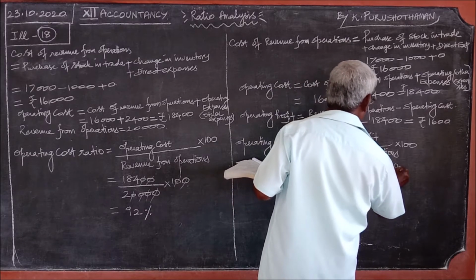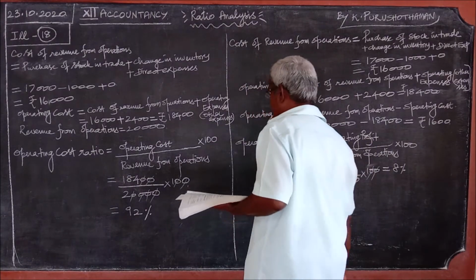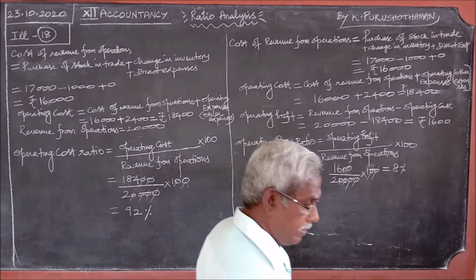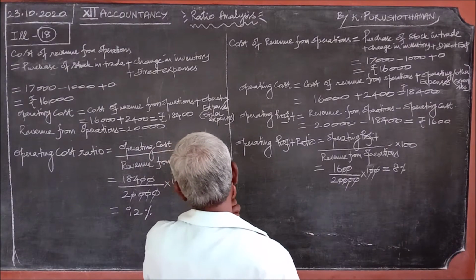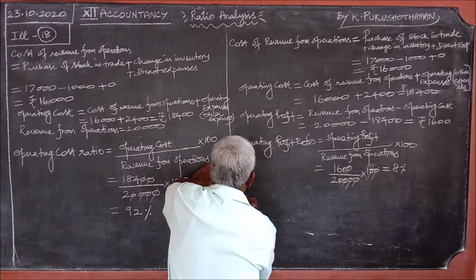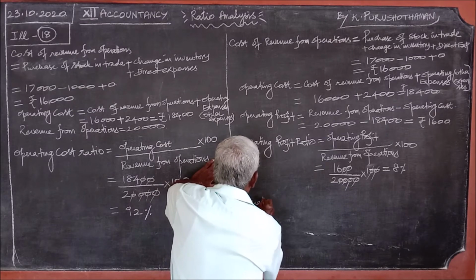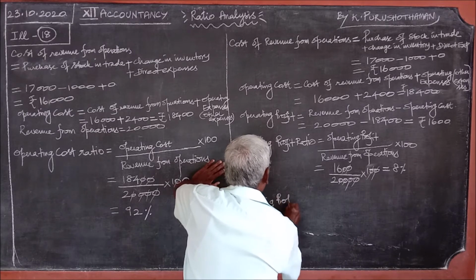16 by 2, 8%. There is a shortcut method to find the operating profit ratio. How to find the operating profit ratio?